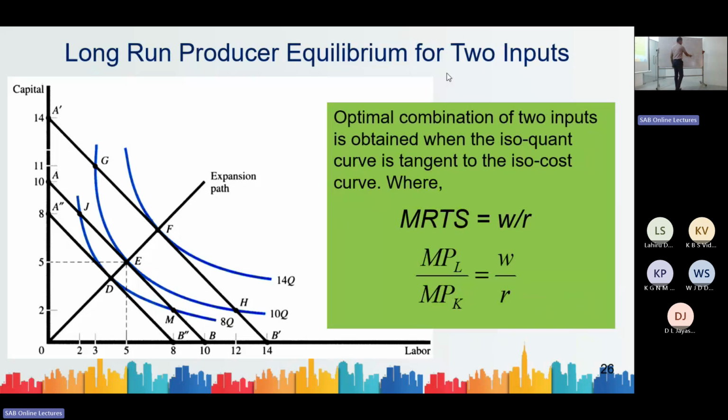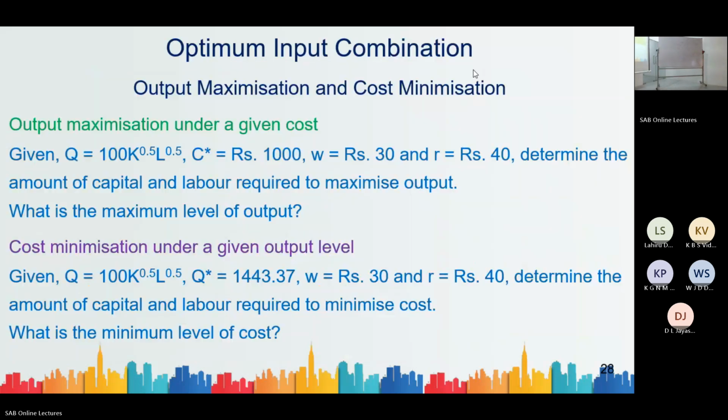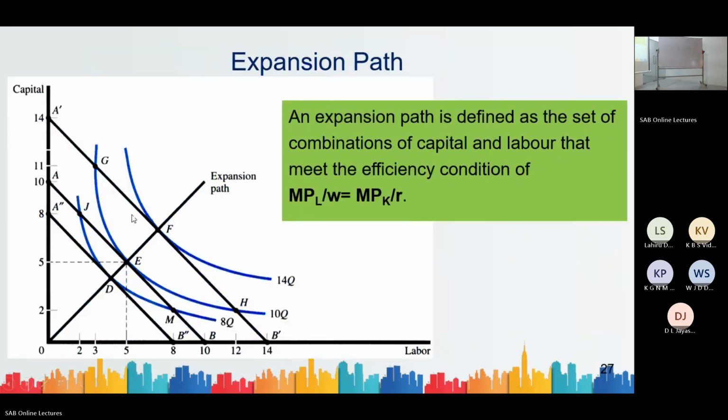How can we interpret this? Marginal product of labor divided by W equals marginal product of capital divided by R. How does it become a meaningful expression? MPL over W, what does it mean?